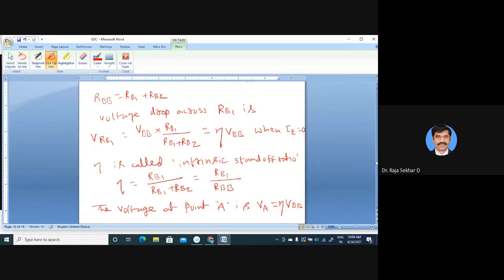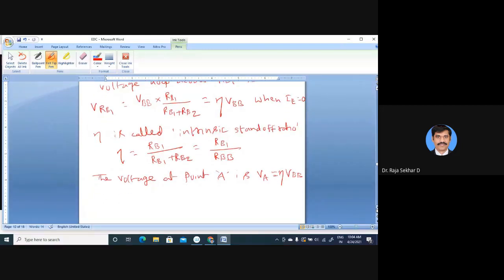Now see the operation here. I'm explaining this operation with respect to figure D. All of you observe figure D. First case, when VE is less than VA, what happens? Dear students, please respond.